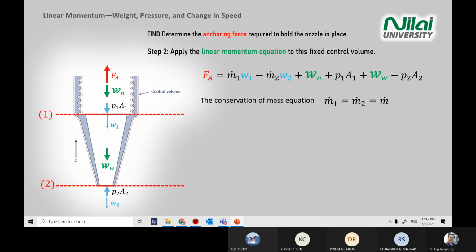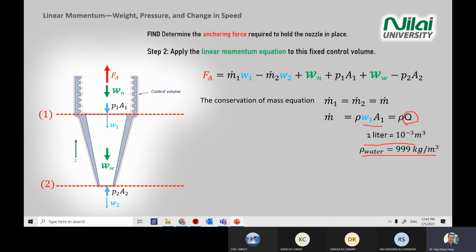So m dot is the same for in and out. You can calculate Q, and I already explained how you get Q since the beginning. And I already explained how to convert liter to meter cube. Rho of the water is 999 kilogram over meter cube.